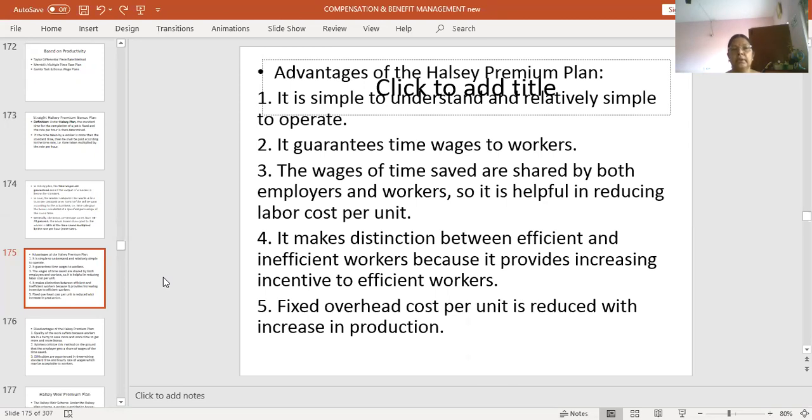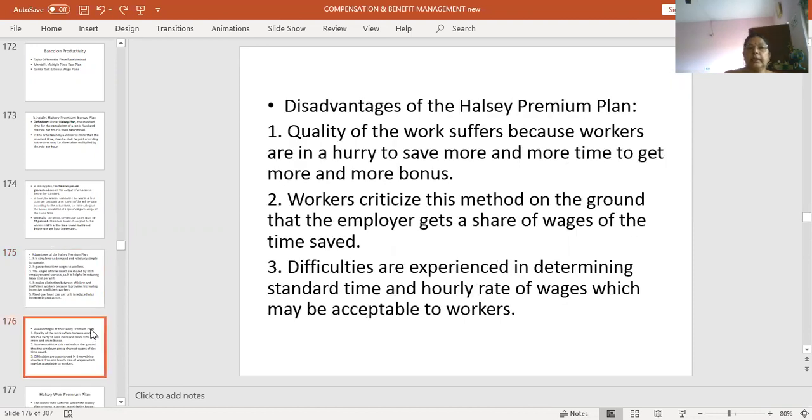So you can increase incentive to the efficient workers. As the production increases in your unit, the fixed overhead cost per unit gets reduced, because workers will be in a hurry to finish the work and produce more in less than the standard time so that they get the bonus.